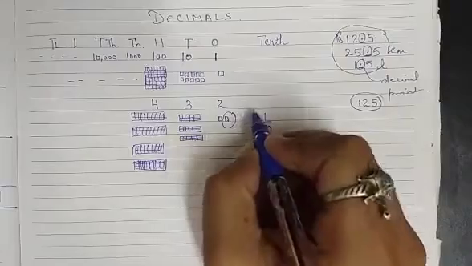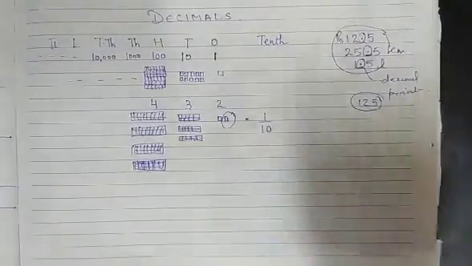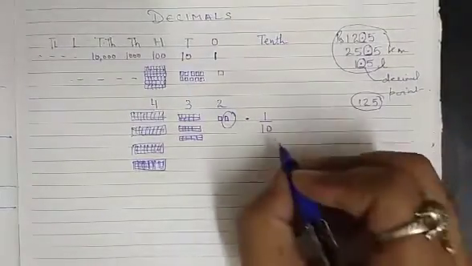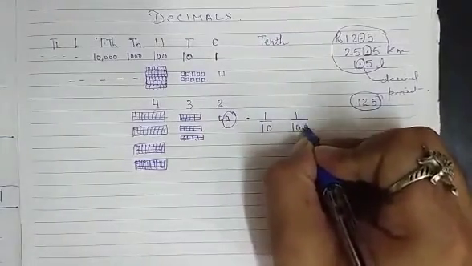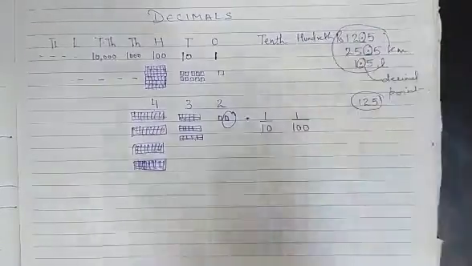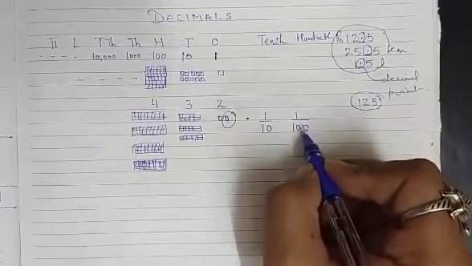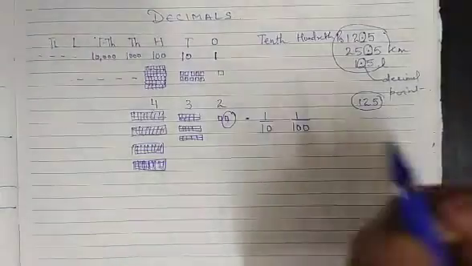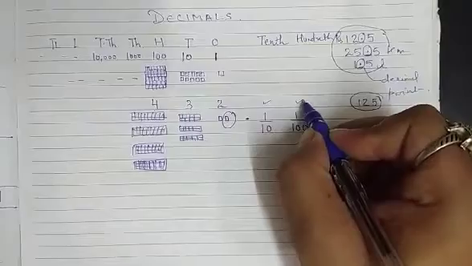And from here only our decimal starts, right? After this we will move to hundredth, which means a single piece has been broken into 100 parts. Clear? So this is the place value for tenth, this is the place value for hundredth.